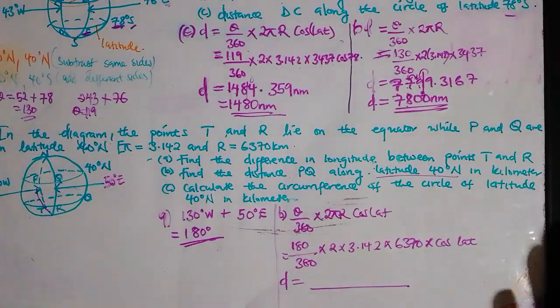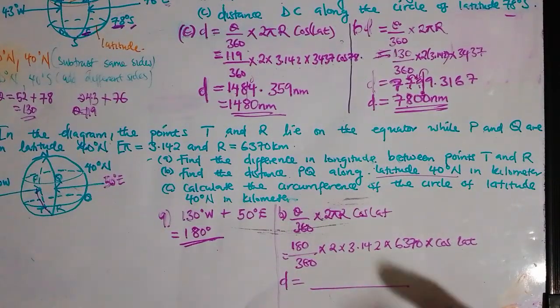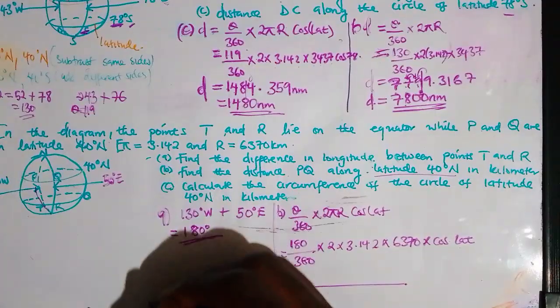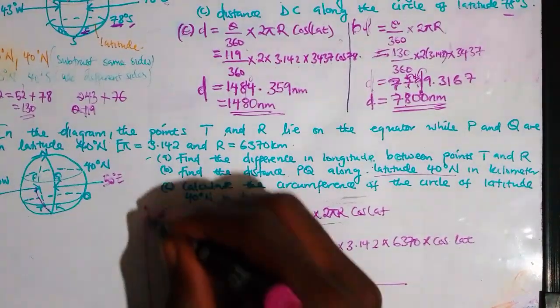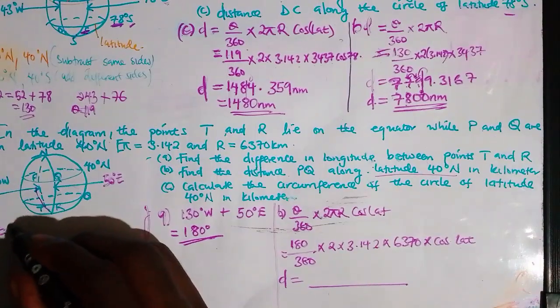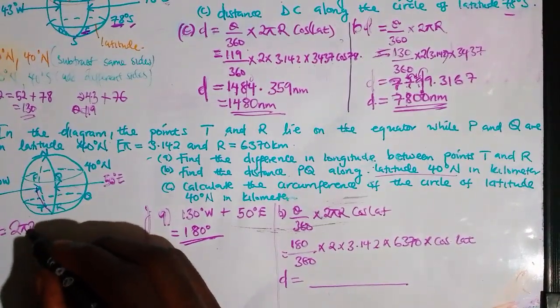Yeah. So moving on to our final question, which is: calculate the circumference of a circle of latitude 40 degrees in kilometers. Going back to our first formula, which we said, circumference of the circle is equal to 2 pi r cos lat.